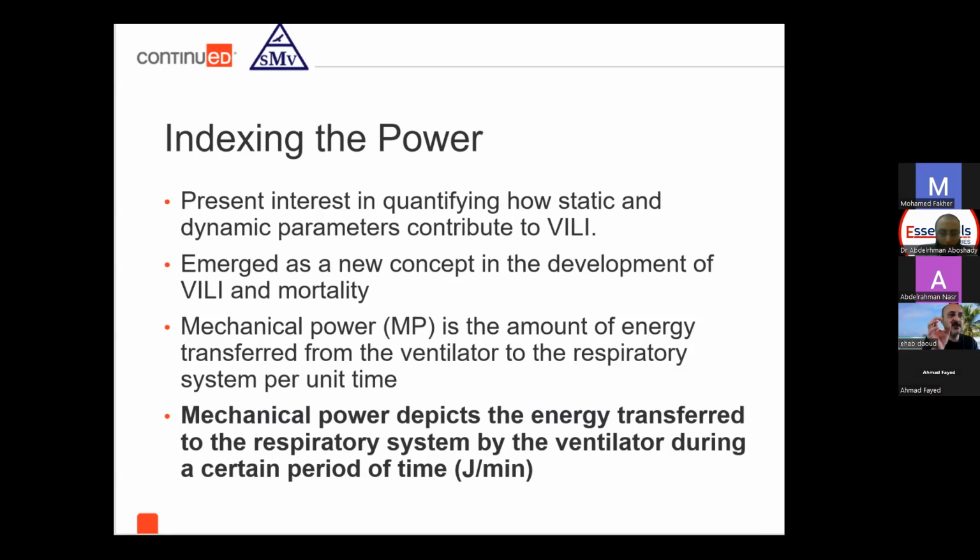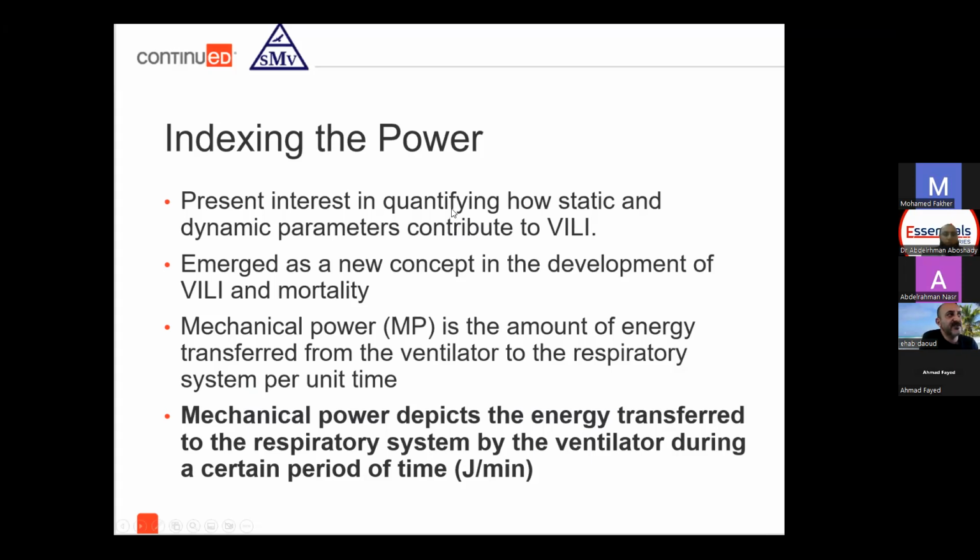I think the mechanical power should be indexed to a certain area, meaning to the compliance. If all of us get 15 joules per minute, but somebody has bad compliance ARDS and one has good compliance, I don't think the injury will be the same. And as I told you, there are few studies talking about that.